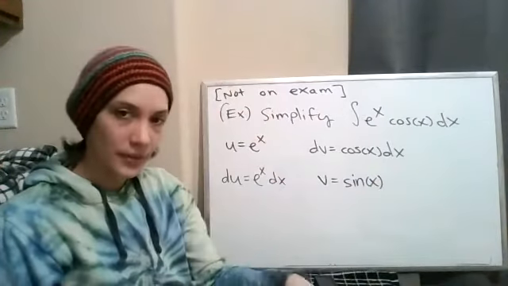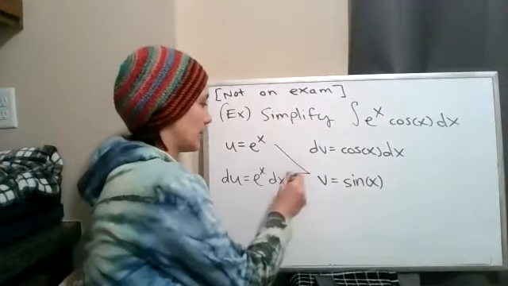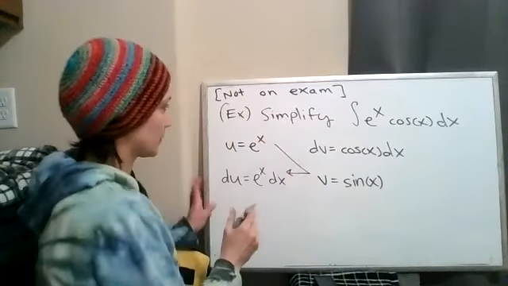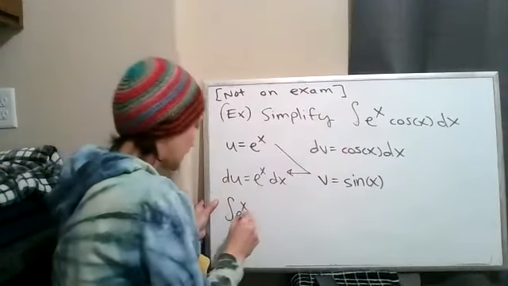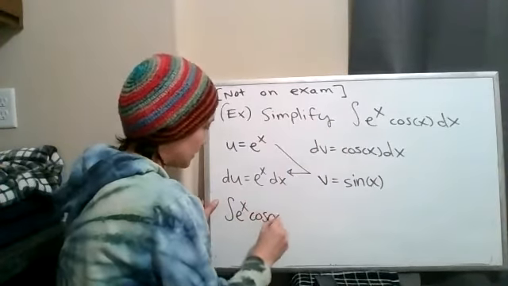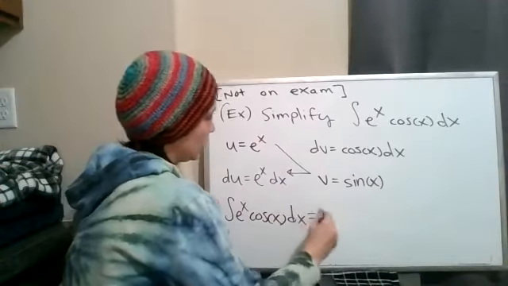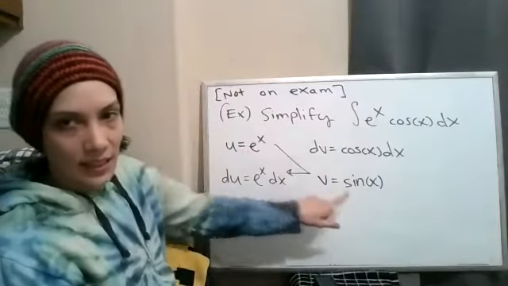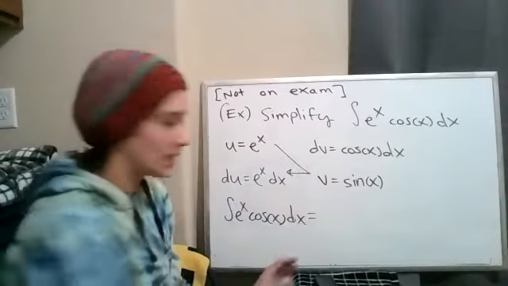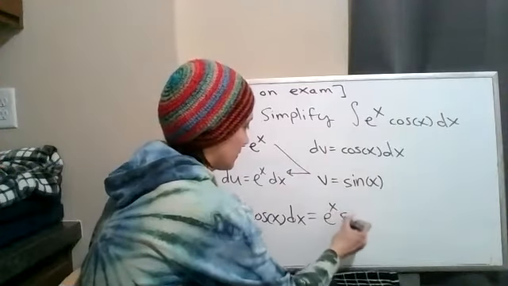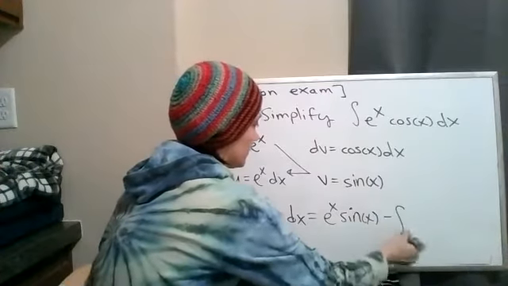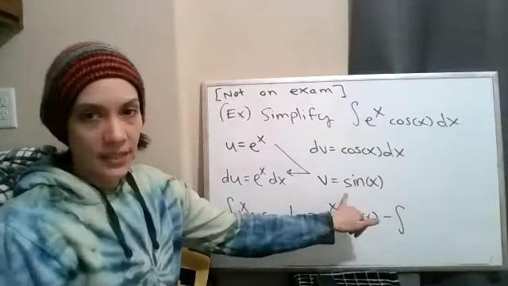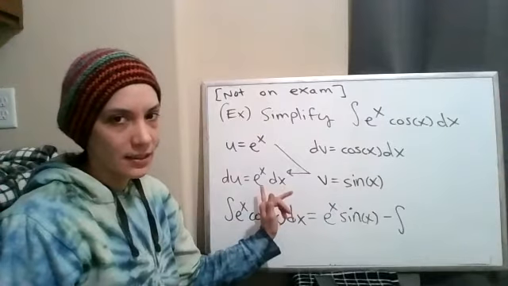Go across and over this way. Our problem, the integral of e to the x cosine of x, is e to the x times sine of x, and then subtract the integral of sine of x times e to the x dx.